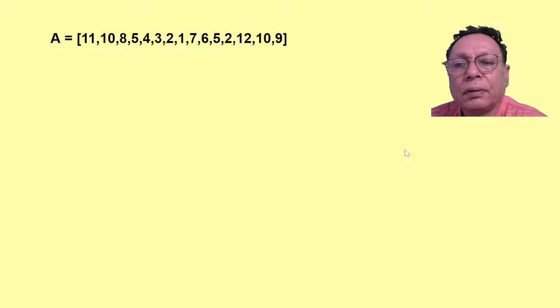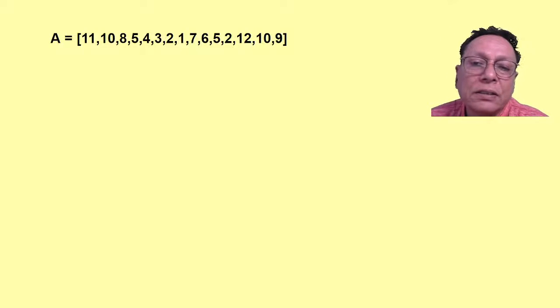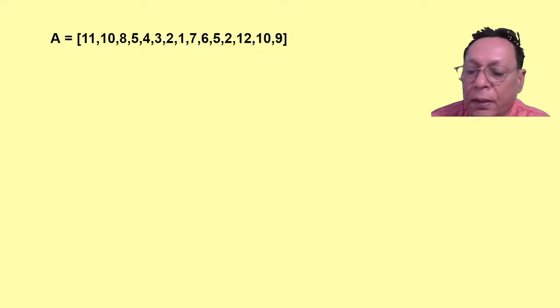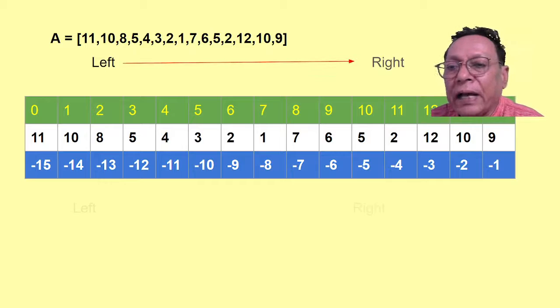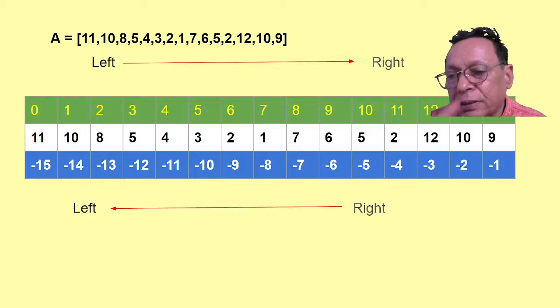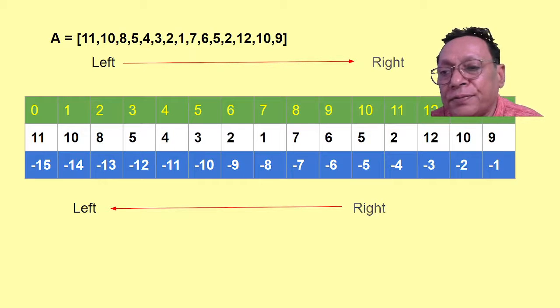For example, I have a list, and this list consists of 15 elements. This way I have distributed the list, and here you will observe that every element in this list possesses an index.